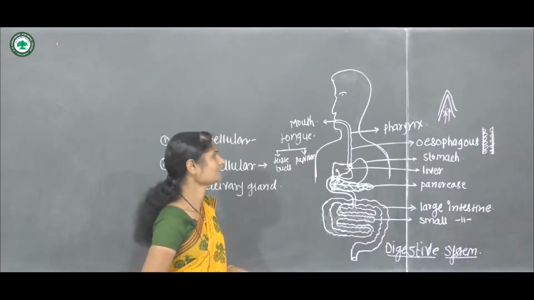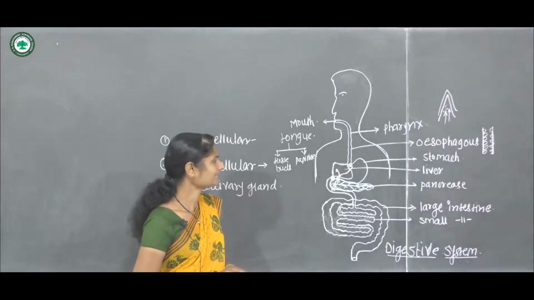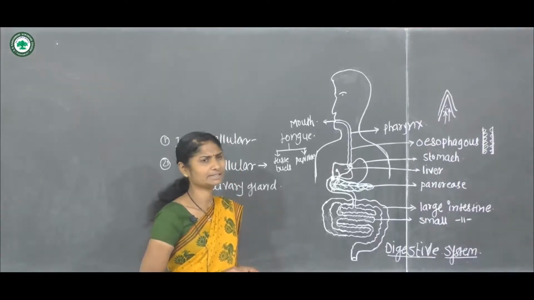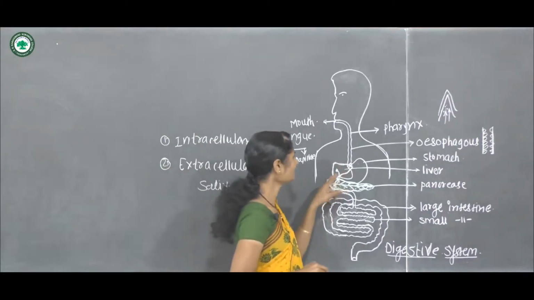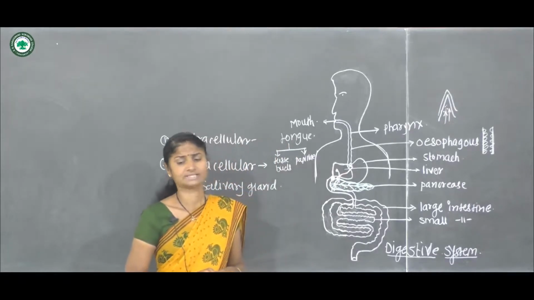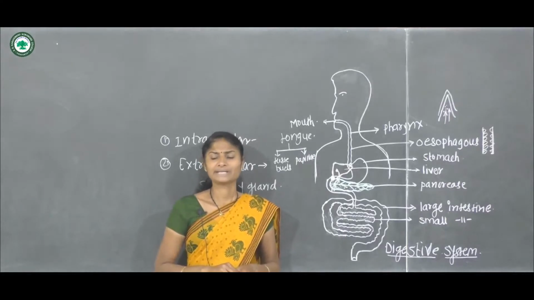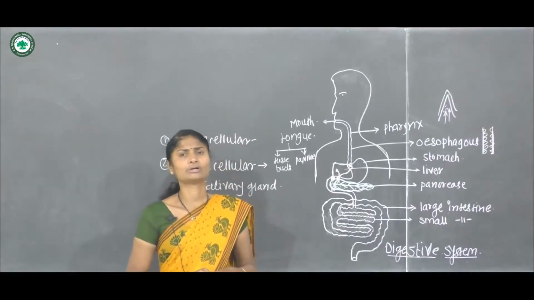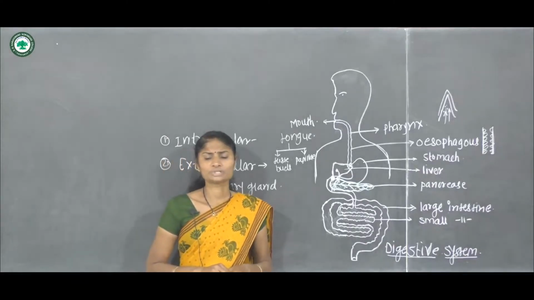Next are the associated digestive glands: the salivary glands, liver, and pancreas. First is the liver. The liver is the largest digestive gland in our body. It is a roughly triangular accessory organ of the digestive system located to the right side of the stomach.